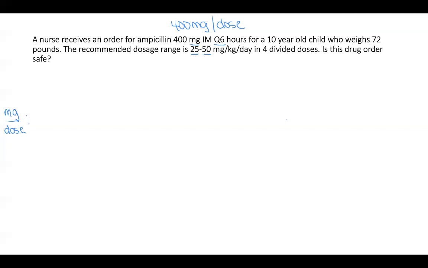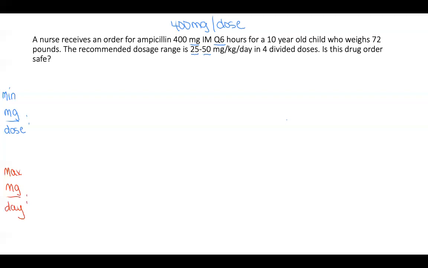So I'm going to have to solve it twice using both of those numbers. The first time, I'll solve for the minimum milligrams per day. And then I'll solve it a second time for the maximum milligrams per day. Because it's a dosage range, I have to solve both ways.